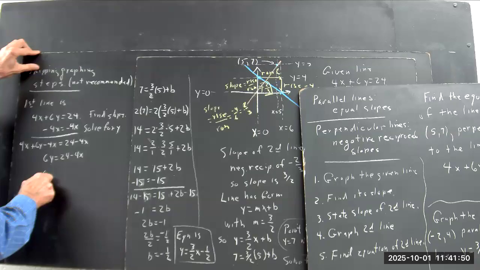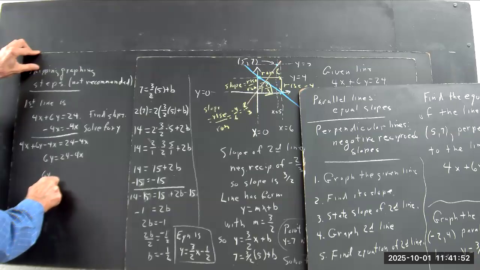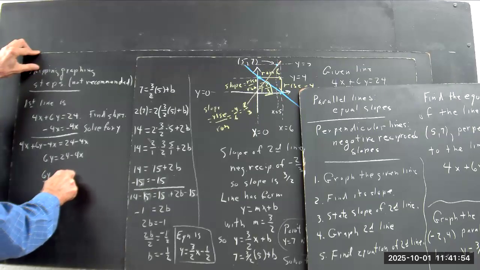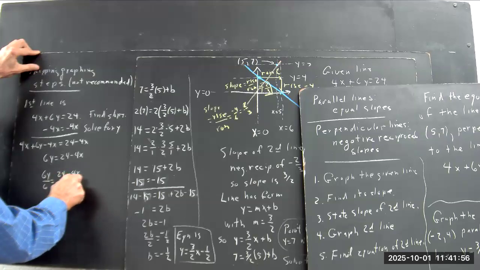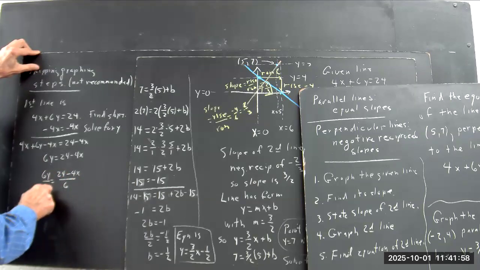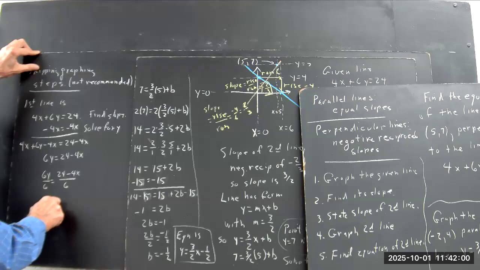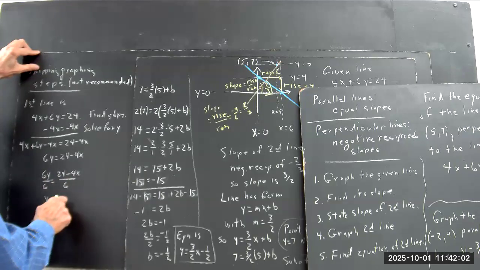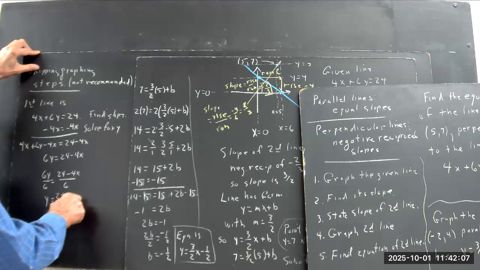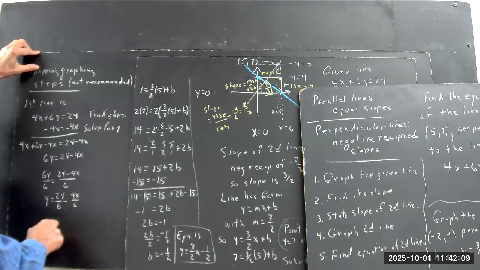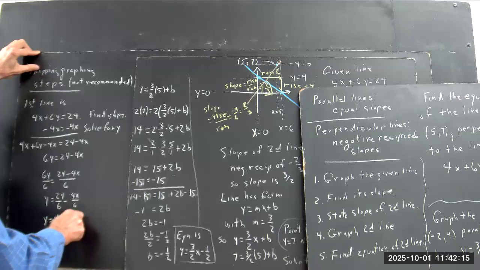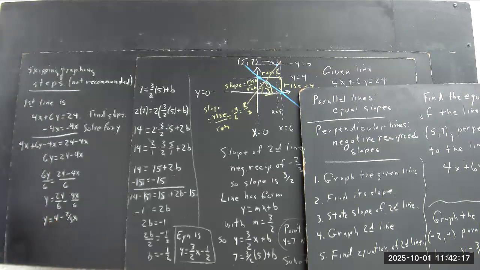Well, we divide by 6. Six y over 6 is y. This is 24 over 6 minus 4x over 6, and that's 4 minus 2/3 x.